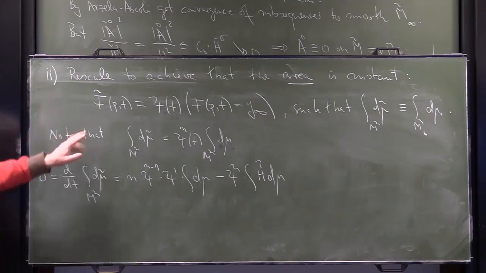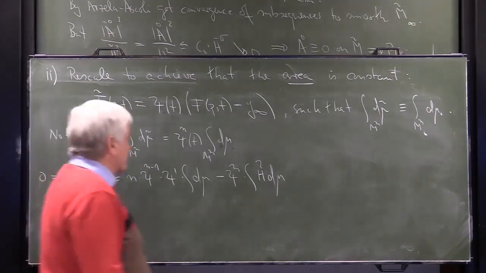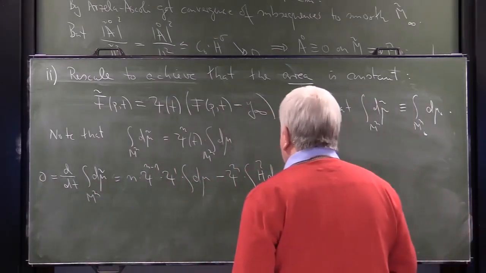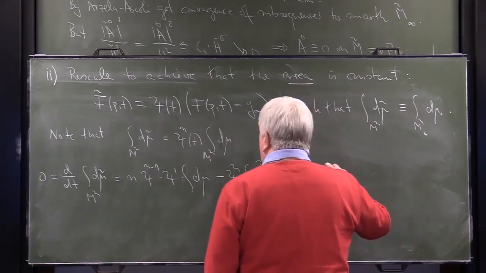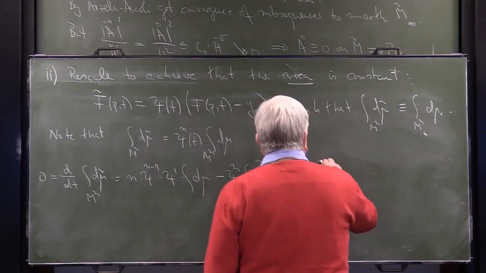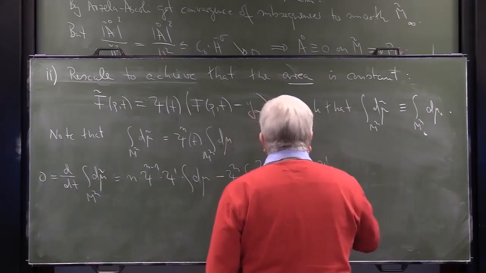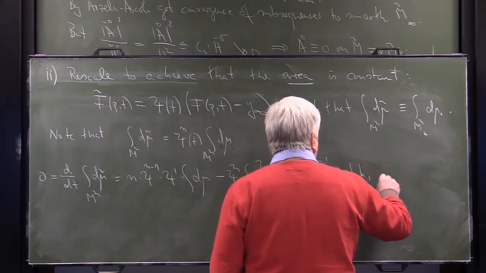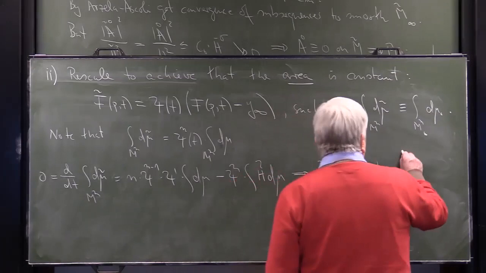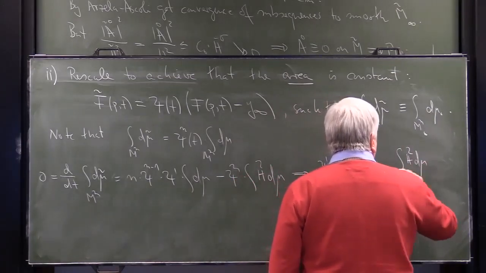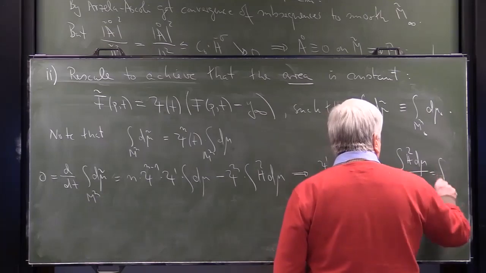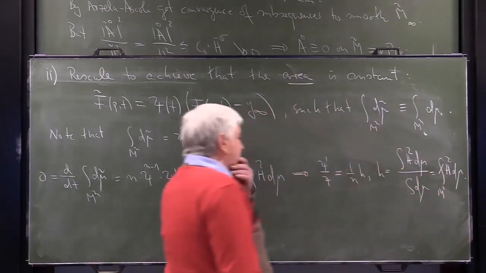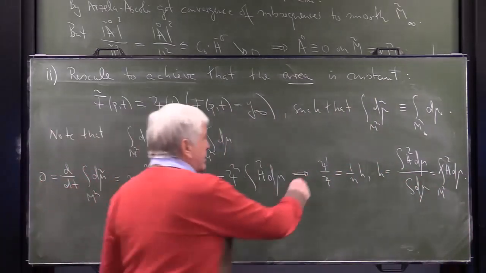So for our requirement to be true, we get that psi dash over psi is equal to 1 over n times little h, where little h is the mean value of the mean curvature squared. Okay. So we get an ODE for psi.